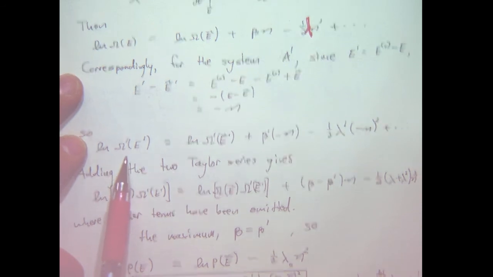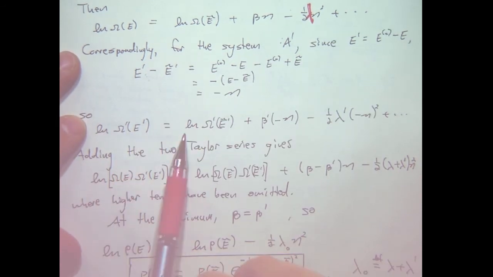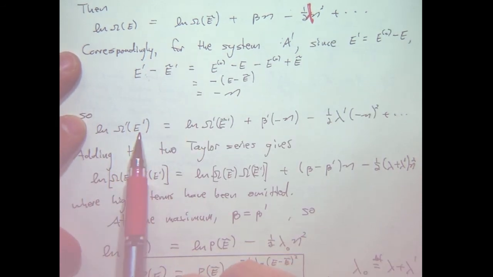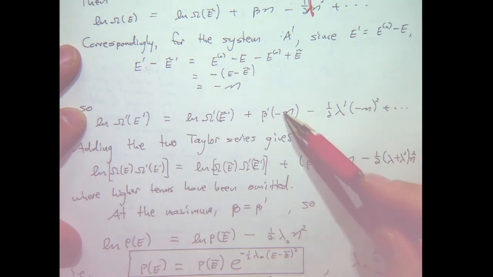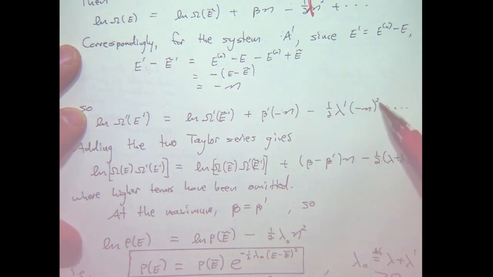So the log of omega prime, evaluated at its own variable, at its own energy E prime, is this Taylor expansion here, where you've got a minus sign in there, and minus eta squared there.